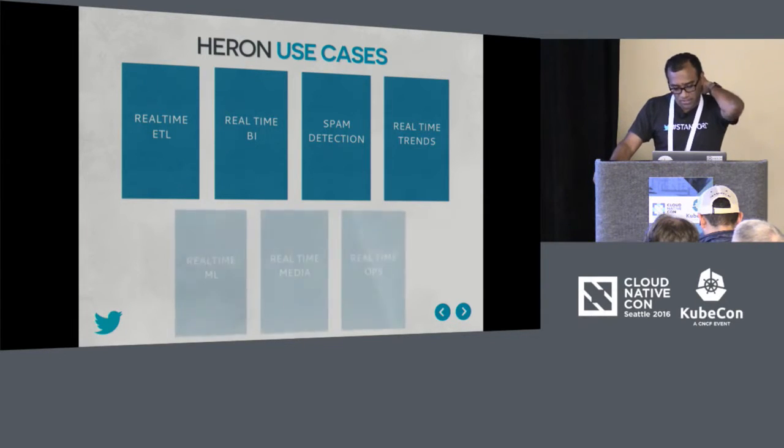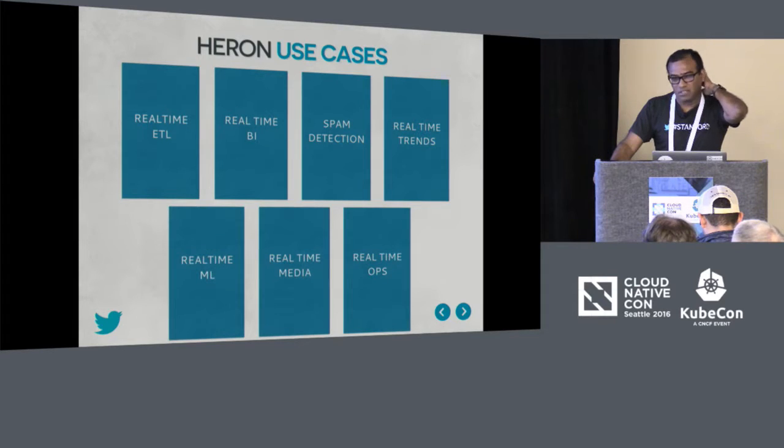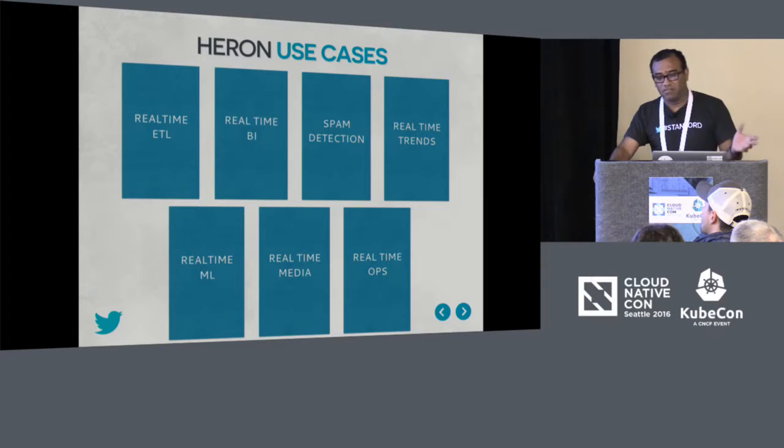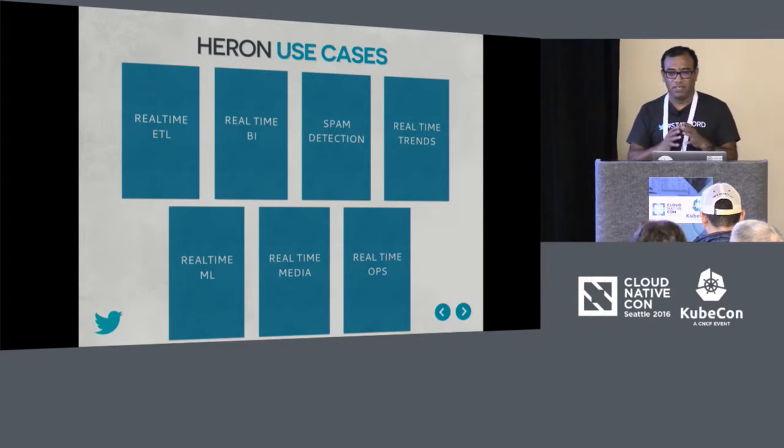In addition, some of the ML model building and model enhancements also run on top of Heron. And as I said, for media like videos and pictures, if they want to classify them, they pick up that media, extract the features, and classify those features based on whatever algorithms you want to use.